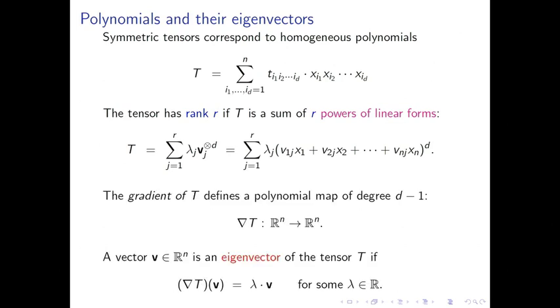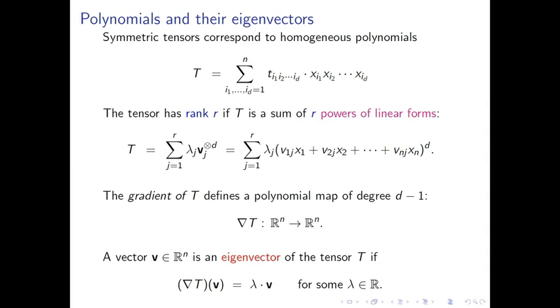To define eigenvectors, I look at the gradient of my polynomial. So the gradient is the vector of length n, whose coordinates are the partial derivatives. So in the first coordinate, I have the derivative of t with respect to x1, then the derivative of t with respect to x2, and so on. That's the gradient vector.